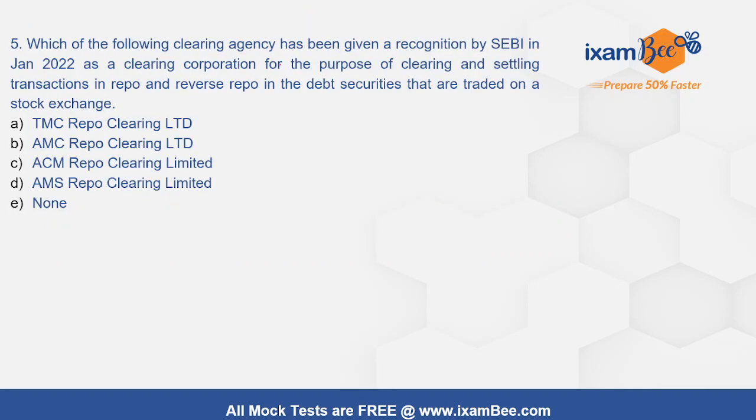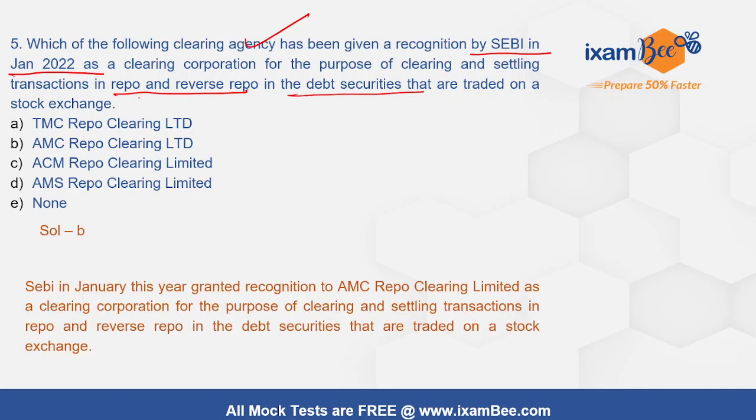So another question is, which of the following clearing agencies was given recognition by SEBI in January 22 as a clearing corporation for the purpose of clearing and settling transactions in repo and reverse repo in debt securities that are traded on the stock exchange? The answer is AMC Repo Clearing Limited, right?